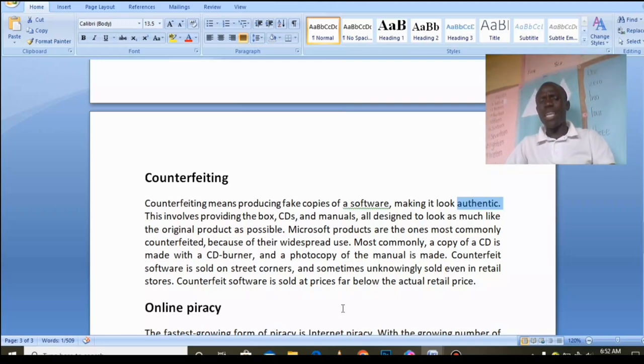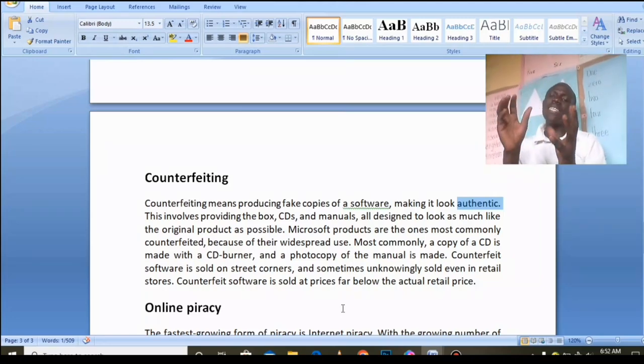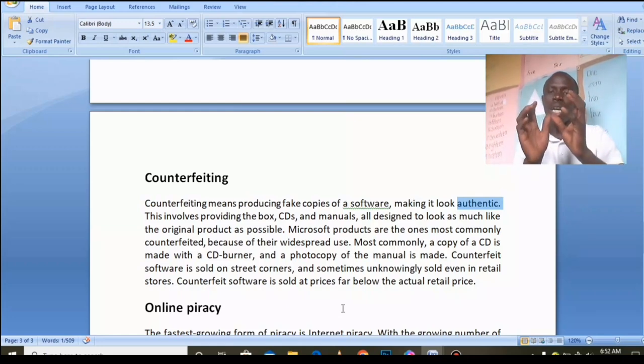So what do they mean here? It means that, let's say that you have seen this Microsoft Office CD, that Microsoft CD software. Sometimes people duplicate that software. They create certain CDs which look actually like that CD. But these CDs that they are creating are fake CDs.